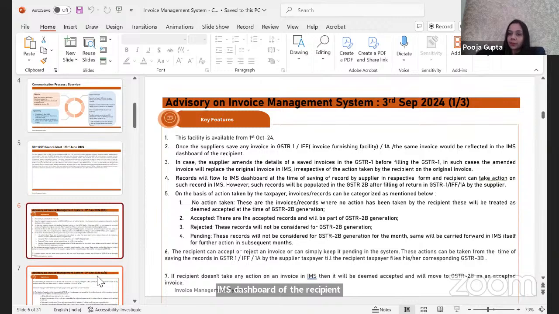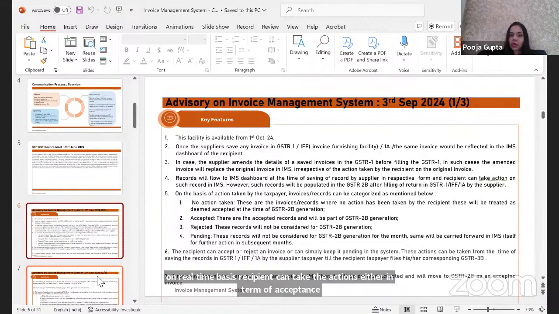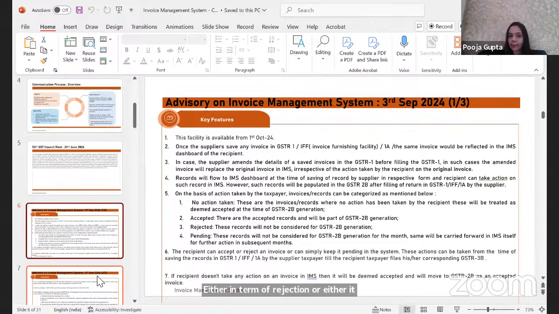On a real-time basis, the recipient can take action, either acceptance, rejection, or keep it pending. First of all, we will discuss acceptance. The recipient should accept the invoices only when he is fulfilling the criteria for taking the input tax credit.